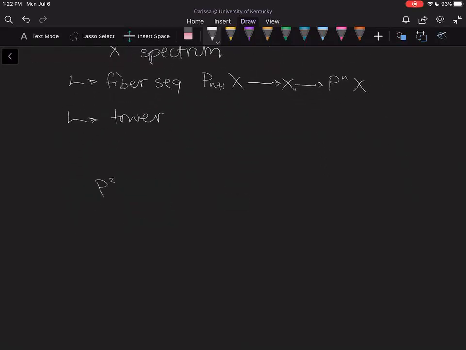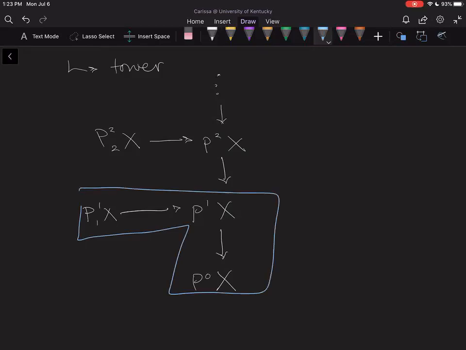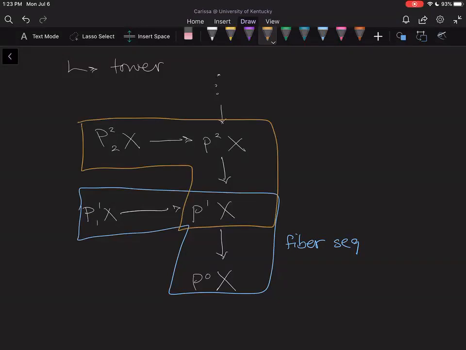So I'm going to have P upper 2 of x maps to P upper 1 of x, and then we have P upper 0 of x. Each of these little pieces are fiber sequences. So we have the map from, say, P upper 2 to P upper 1. We take the fiber of that, and we call it P upper 2, lower 2.